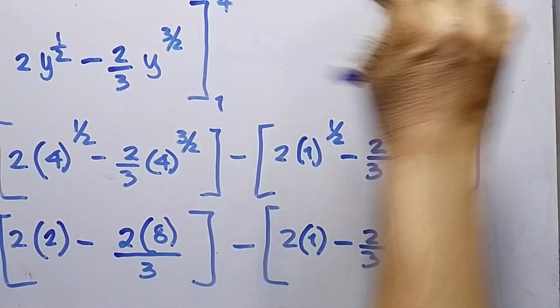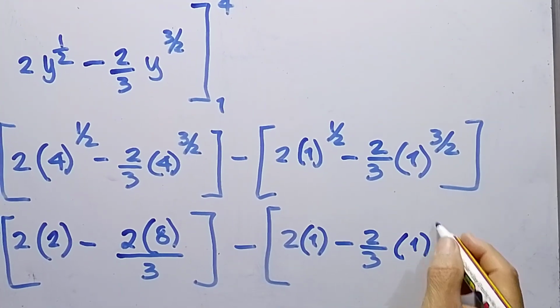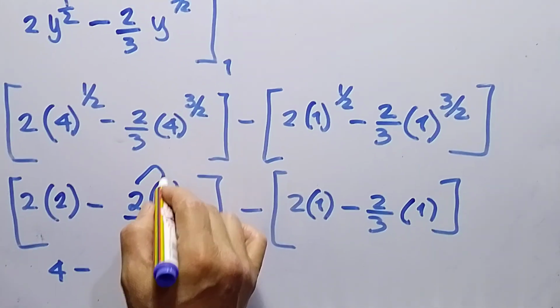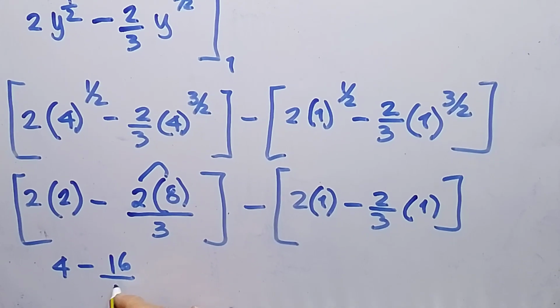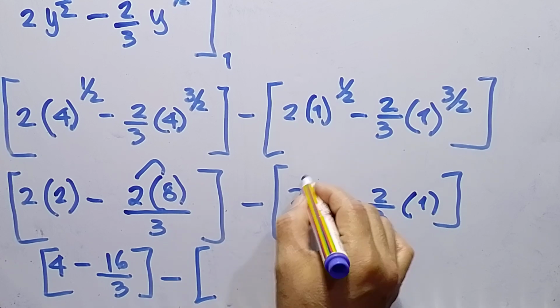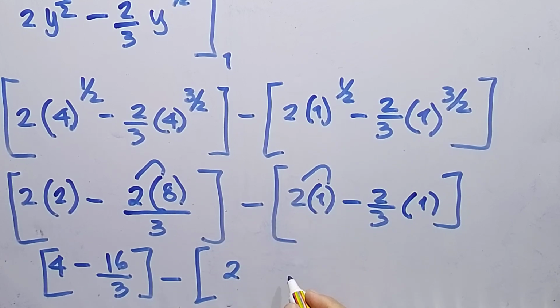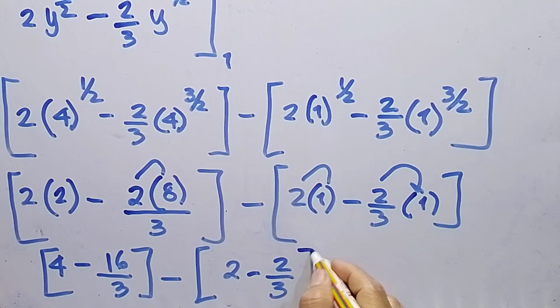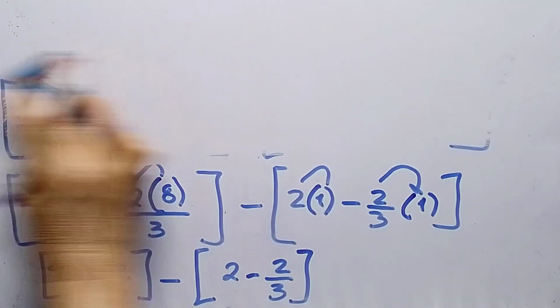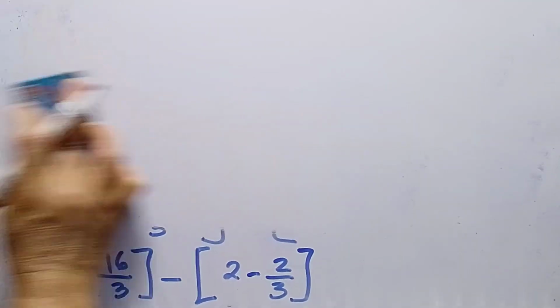So this will be multiplied by 1. So this is 4 minus 2 times 8 is 16 over 3, minus 2 times 1 is 2, then minus 2/3. So I have 4 minus 16 over 3, minus 2 minus 2/3.